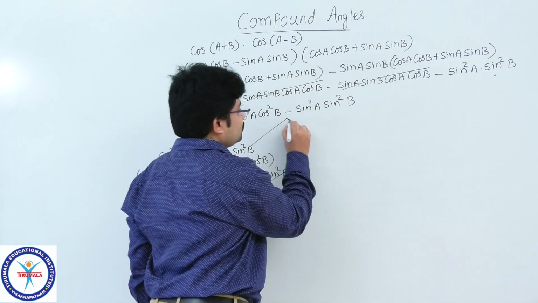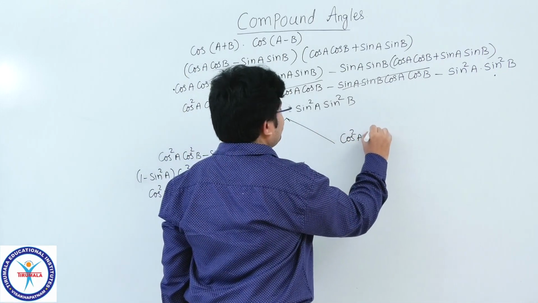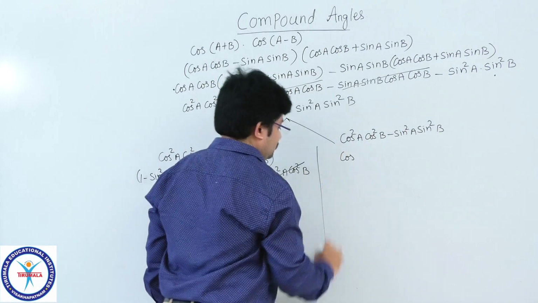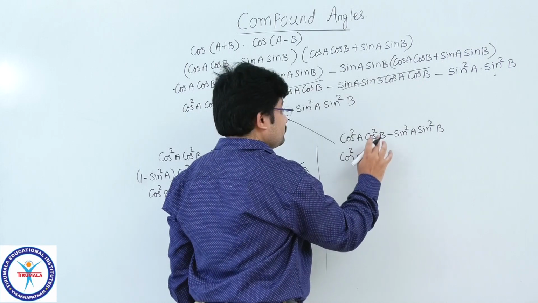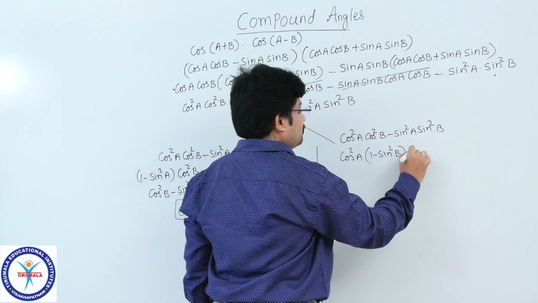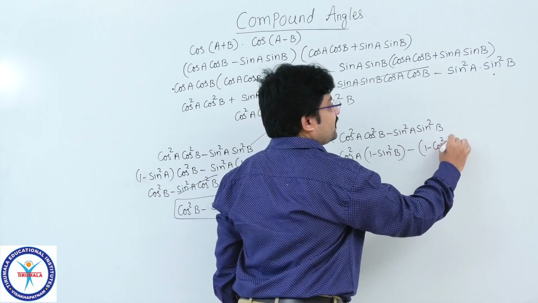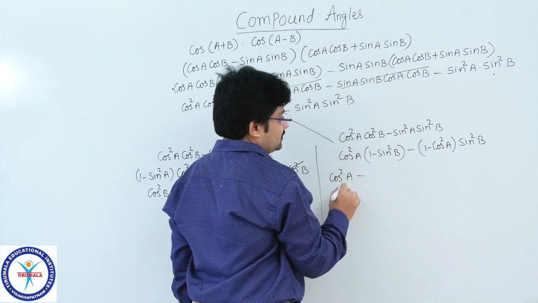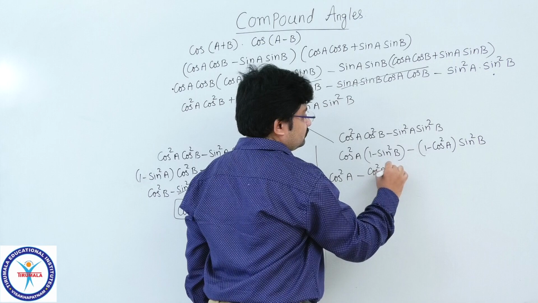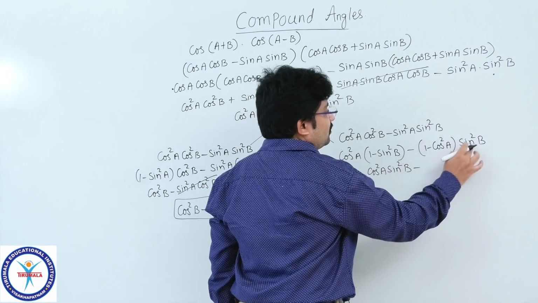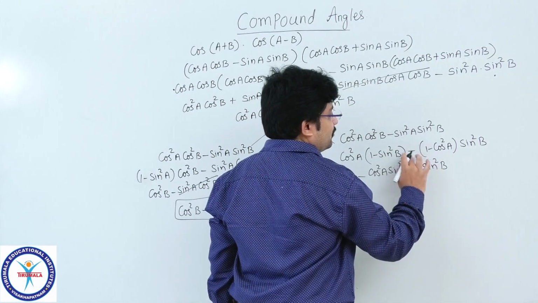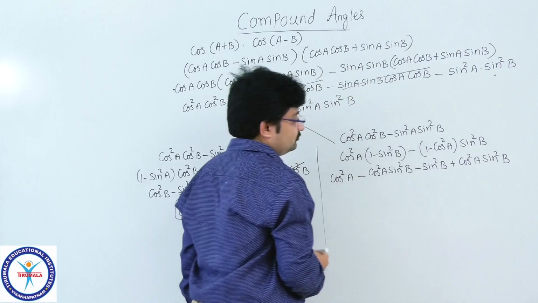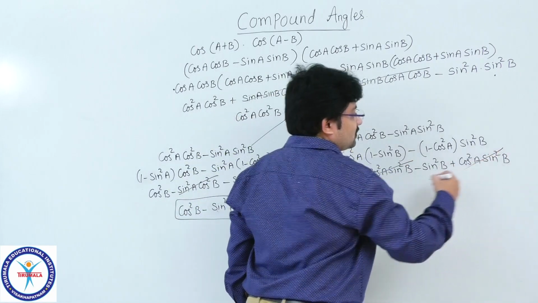Similarly, it can also be written as cos square A into, what is cos square B here? 1 minus sin square B, minus sin square A... can be written as 1 minus cos square A into sin square B. Cos square A into 1 is cos square A, minus cos square A into sin square B, minus sin square B into 1 is sin square B, minus into minus plus cos square A into sin square B. Here plus cos square A sin square B minus cos square A sin square B get cancelled.